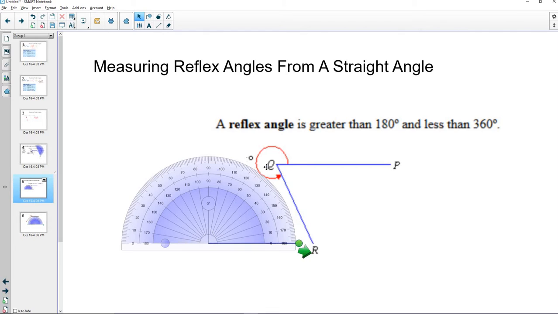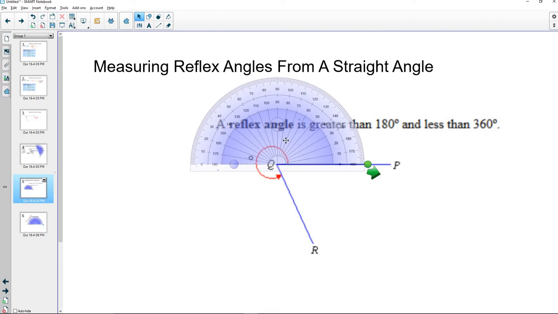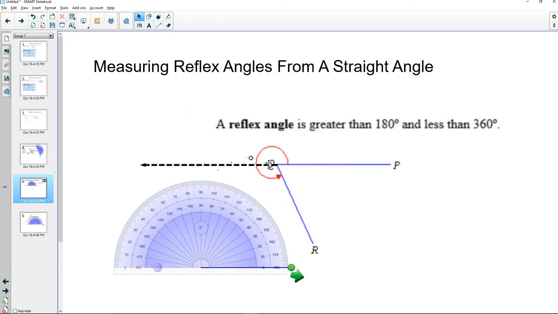So let's start by taking the protractor and we'll put it on a straight line. And then I'm going to use the line tool here to draw a dotted line out. Now I'm doing this to show that here we have a straight angle, so 180 degrees.